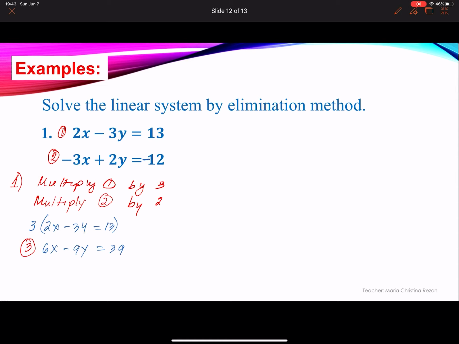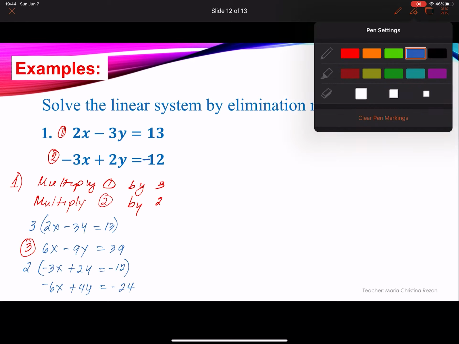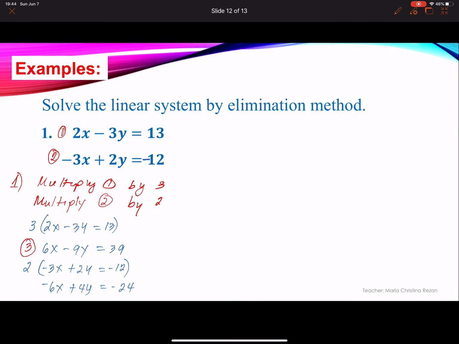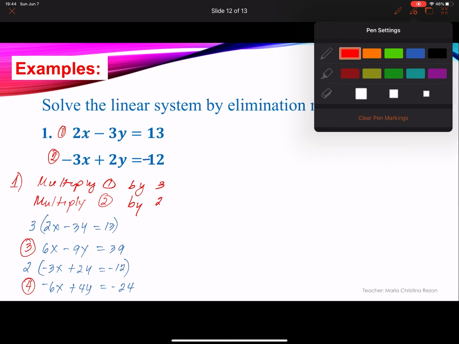You multiply that by 2, so that is negative 3x plus 2y equals negative 12, and multiply that by 2, so you will have negative 6x, 2 times 2, that is plus 4y equals negative 24, and call that equation 4.